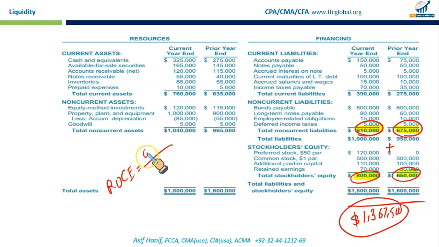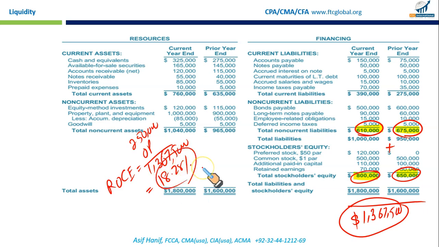So now let us calculate return on capital employed this time. It's equal to operating profit upon average capital employed, which is 1.3675 million. And let's say if our net profit was 150 in the previous example, then operating profit, that is profit before interest and tax, has to be higher, and assuming it's $250,000. So 250 upon the average capital employed gives you 18.28%.